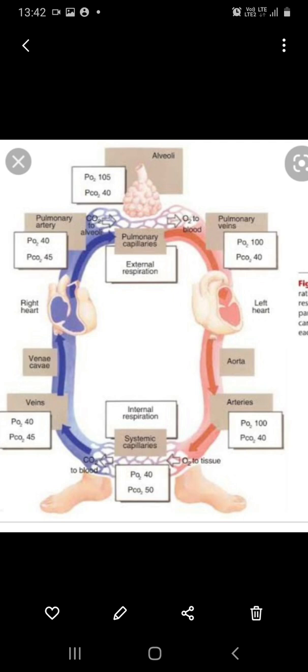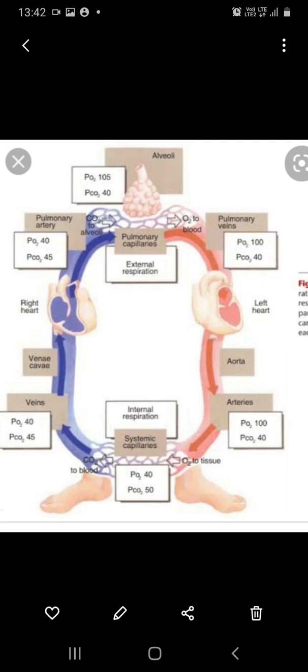So 21% means 21 divided by 100 and the value is 0.21. Therefore, partial pressure of oxygen is equal to 760 mm into 0.21, and it is 160 mm of mercury at sea level.